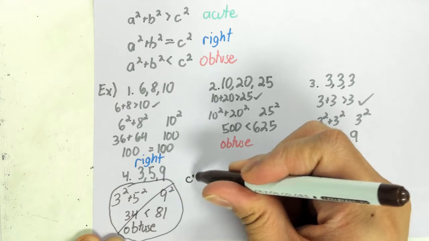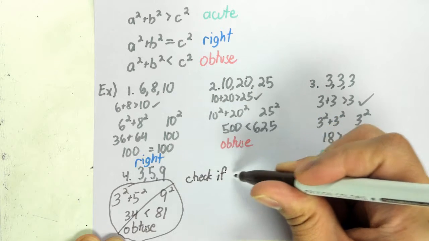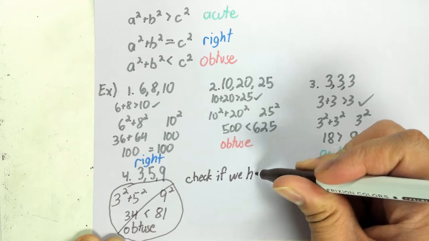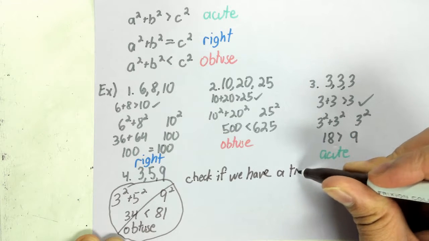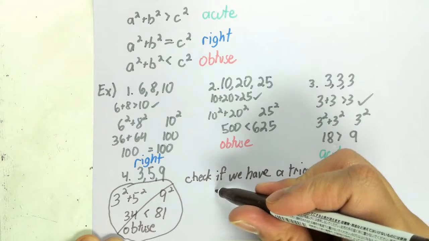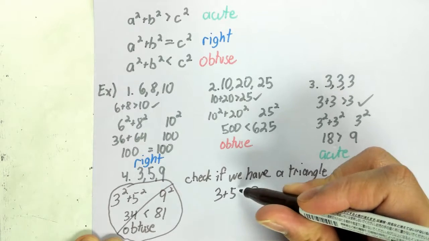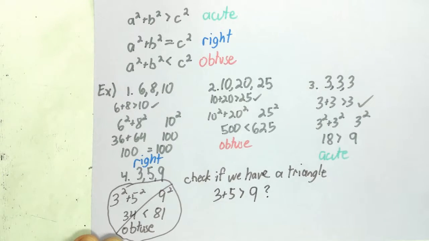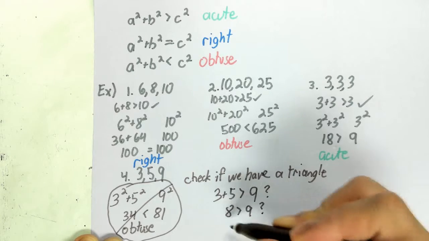Because first we need to check if we have a triangle. Check first. 3 plus 5 compared with 9, is it greater than 9? We get 8. Is 8 greater than 9?